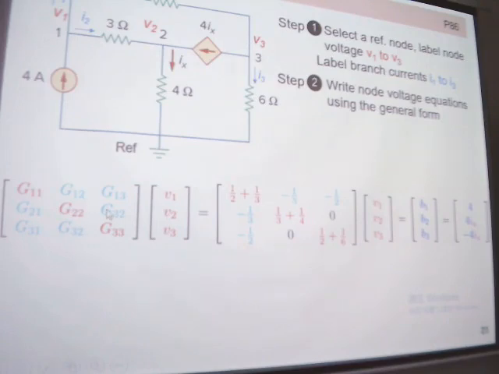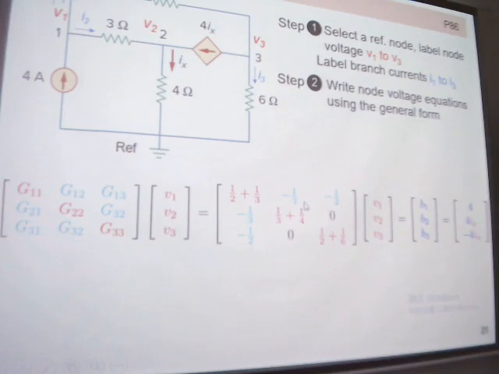But here we use the easy method, the shortcut, right? G11 equal to what? G11 equal to 1 over 2 and then 1 over 3. And G22, look here, is equal to 1 over 3 and then 1 over 4, right? And G33 is equal to 1 over 2 plus 1 over 6, right? And then we're going to the mutual conductance. Here, 1, 2 should be minus 1 over 3, right?